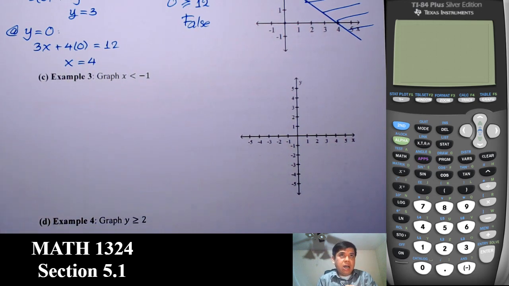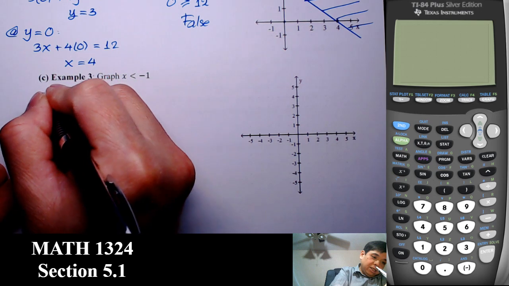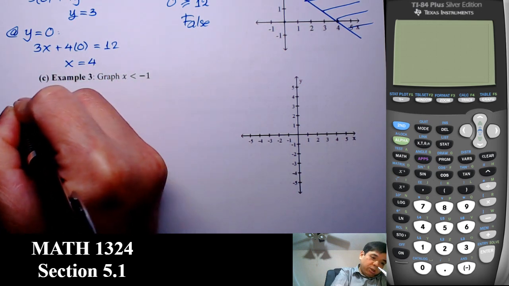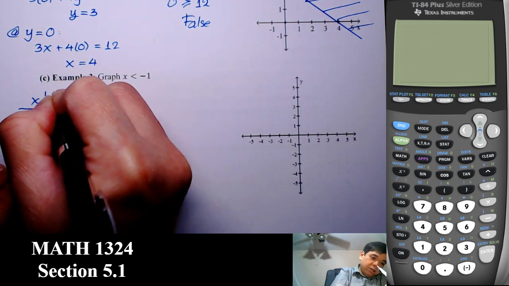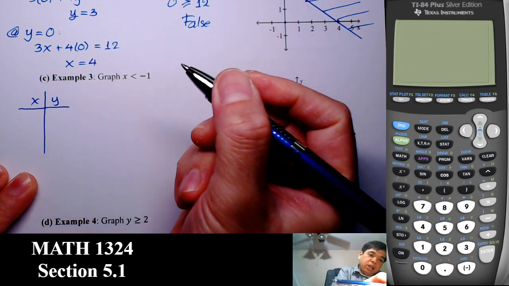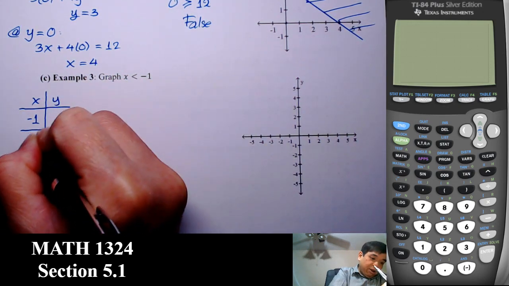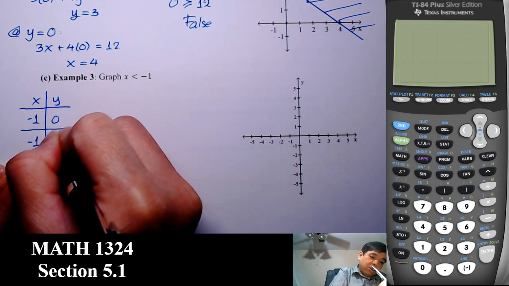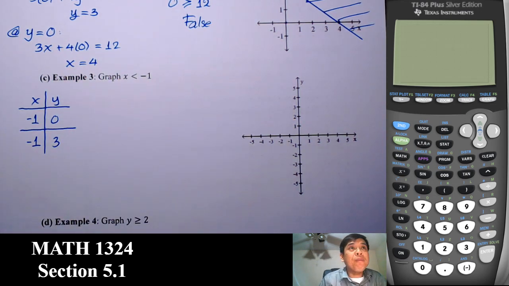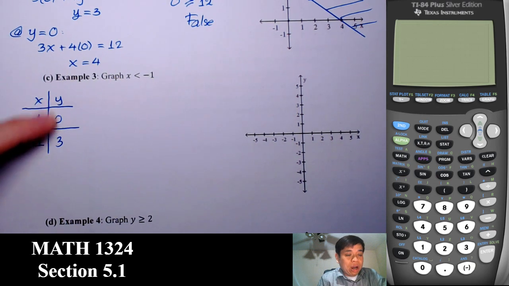Right, next, x less than -1. Again, we graph a few points. We have x equal to -1, so we only have x. Y we can choose any values we want to. X is -1, y could be anything, right?